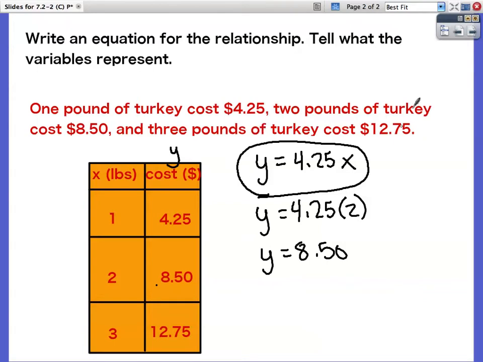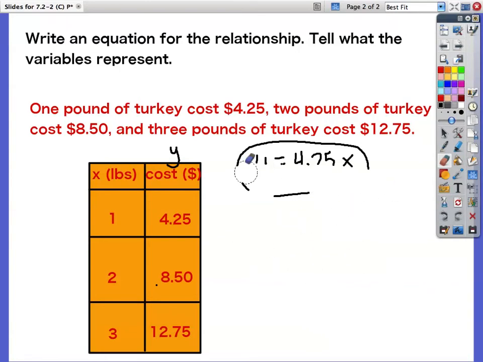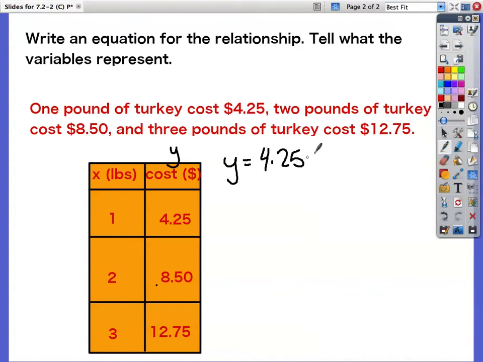Okay, so this is kind of an example of how I want you to write your answers. Let me get this out of our way here. So the first thing that you would do is you'd read the equation, try and find the rule, or the constant of proportionality, and you would write it down like this. So this would be the first part of your answer. And then the second part of your answer, you could put like a comma or something here to separate it. You just write where y represents, and you tell me what y is.